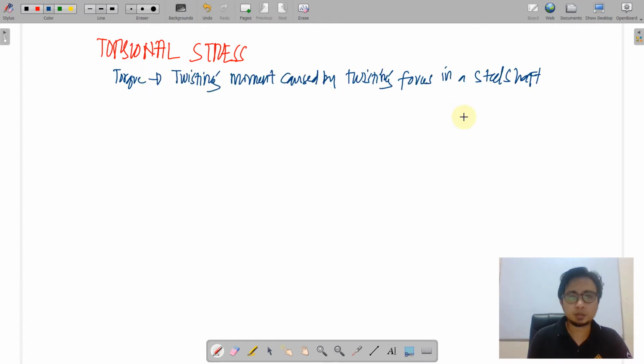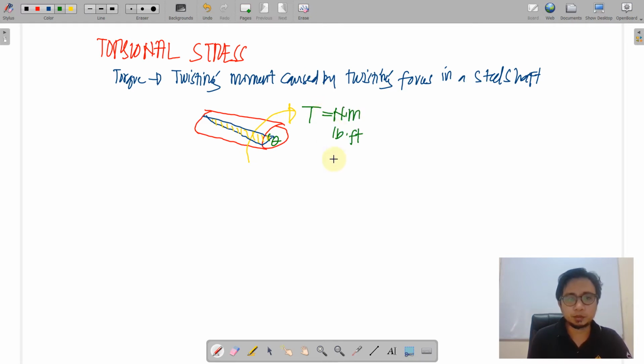So torque is a twisting moment caused by twisting forces in a steel shaft. Basically, if we have here a shaft subjected to a torsion, of course the effect of that would be the twisting of the shaft, creating an angular displacement at the center of the shaft, causing a torsional stress that is brought by this T. So this T has a unit of Newton meter, or it could be pound-foot.